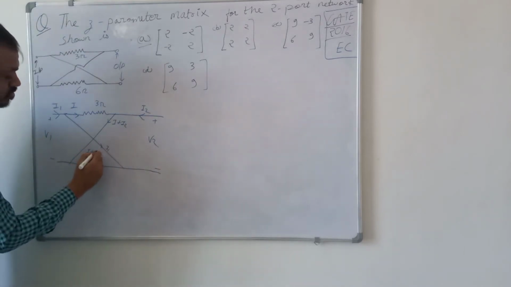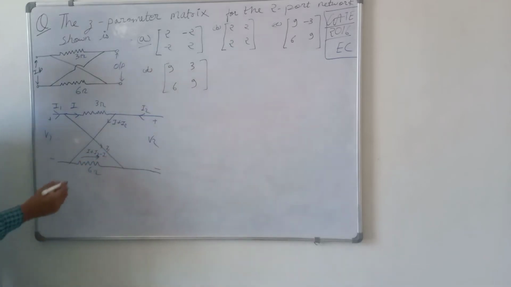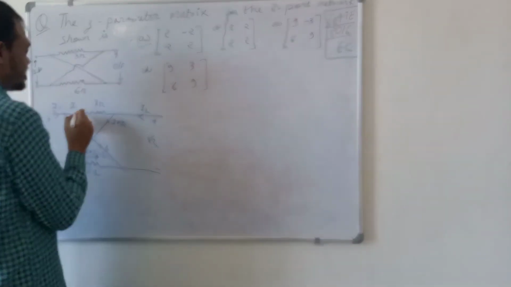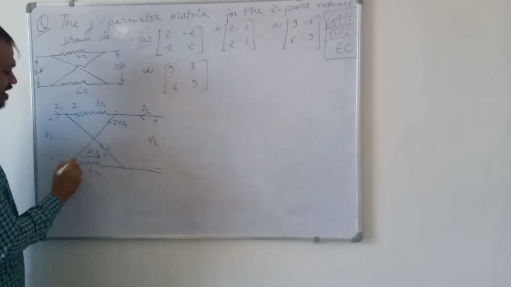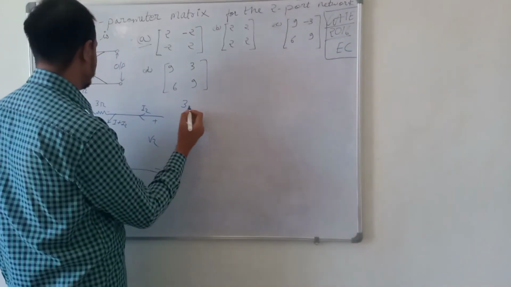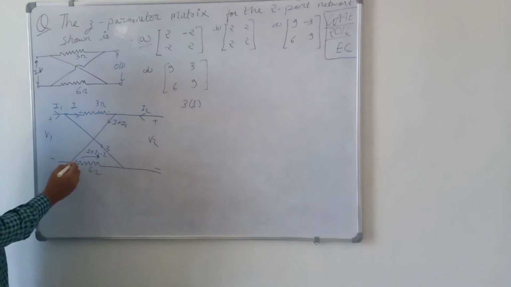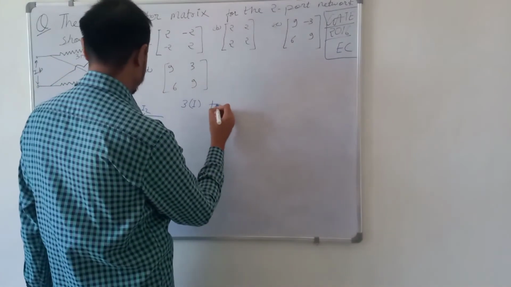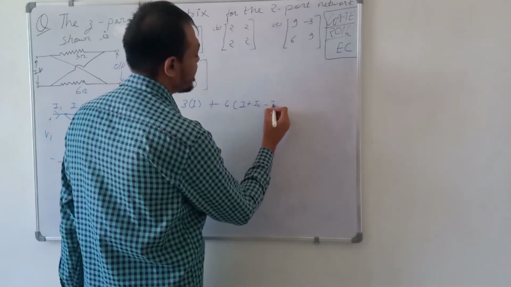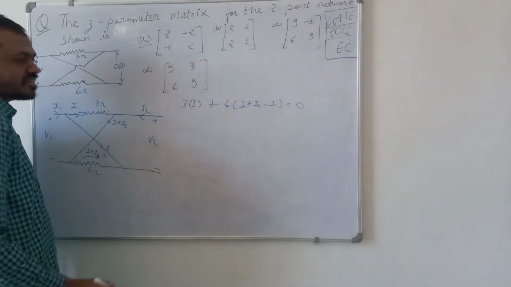I plus I2 minus I1. So we can write the KVL equations in this way. So this is positive, negative and positive and negative. So 3 into I from here to here and from here, plus 6 into I plus I2 minus I1 is equal to 0, because there are only two resistors.